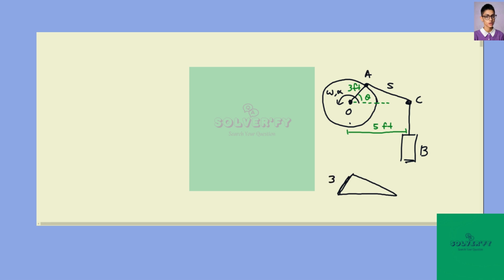This side of the triangle has length 3 feet, angle theta is here, there's a 5 feet, and then length S is here.